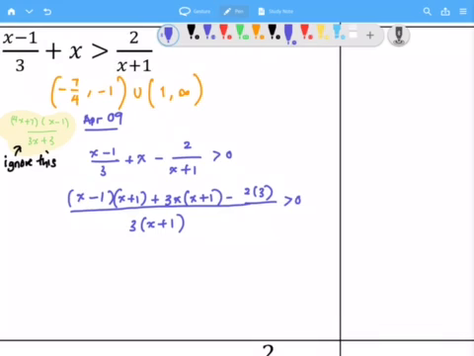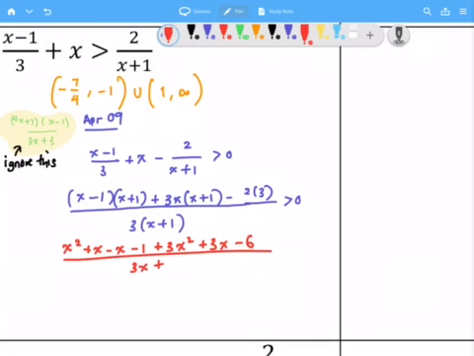Now we try to solve this equation first. So you will get x squared plus x minus x minus 1 plus 3x squared plus 3x minus 6 over 3x plus 3.